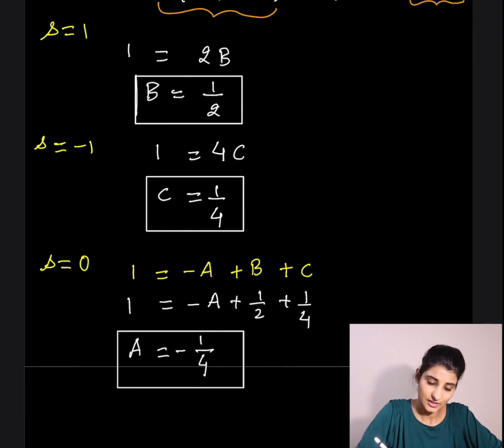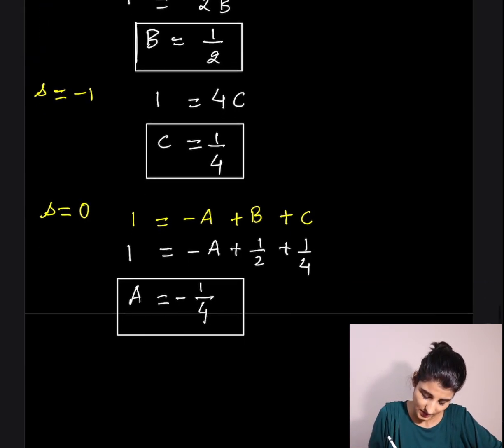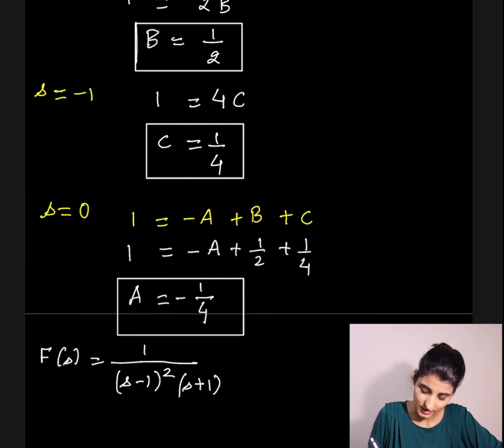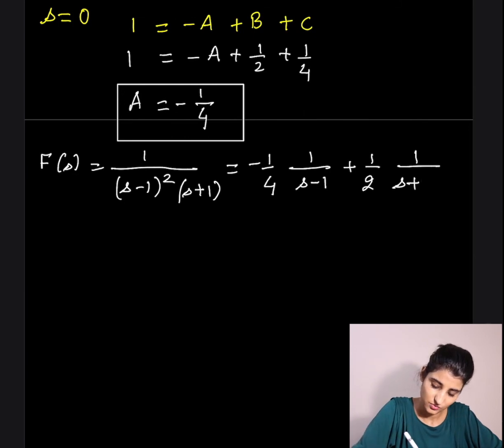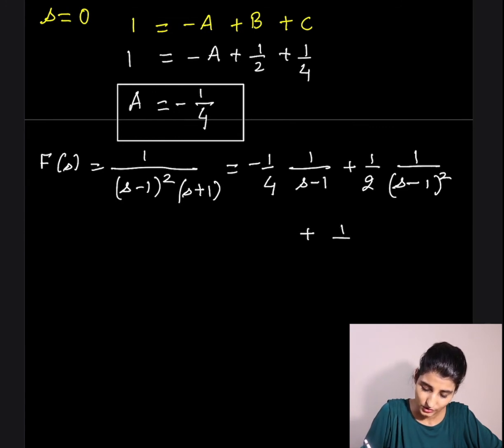So what we have is our F(s), which was 1 over (s minus 1) square times (s plus 1), is equal to minus 1/4 times 1 over s minus 1, plus 1/2 times 1 over (s minus 1) square, plus 1/4 times 1 over s plus 1.